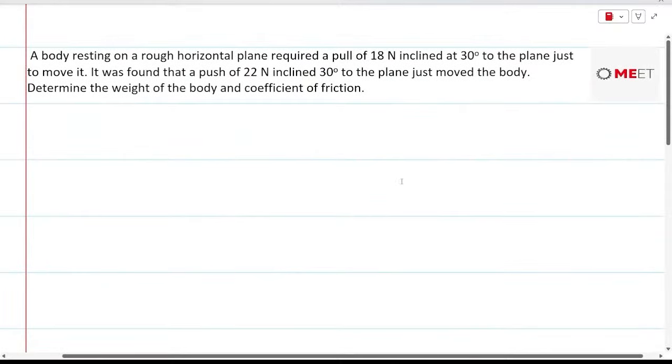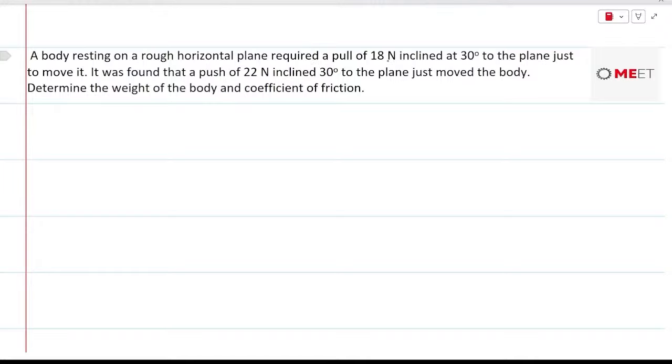The question states that a body resting on the horizontal plane requires a pull of 18 newtons inclined at 30 degrees to the plane just to move it. And it was found that a push of 22 newtons inclined at 30 degrees to the plane just moves the body.